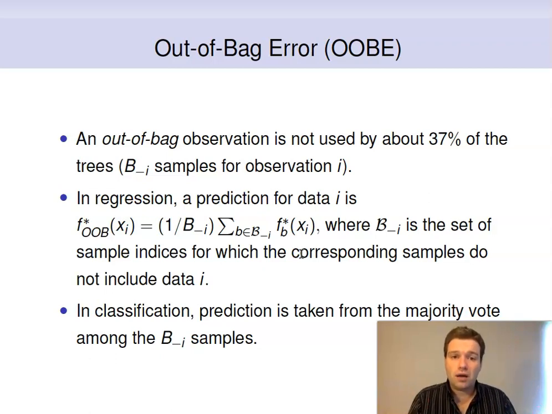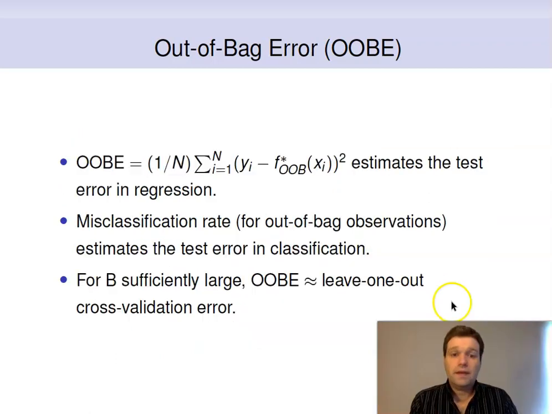Among the B minus i samples there is a winning class, the one predicted by the largest number of trees for the data point i. Therefore, we have a prediction for an out-of-bag observation, f star out-of-bag for xi, obtained by the different trees.